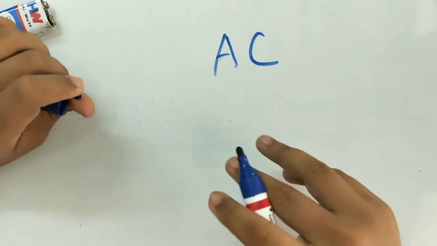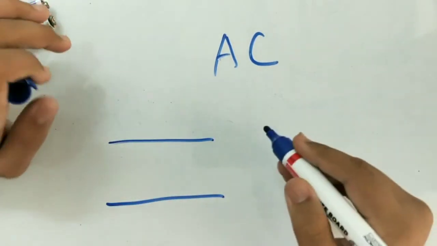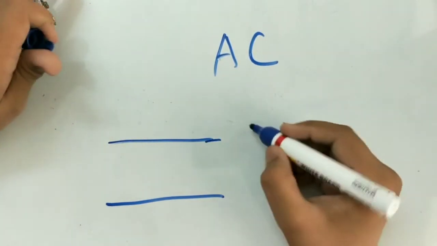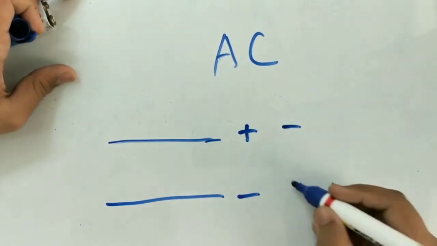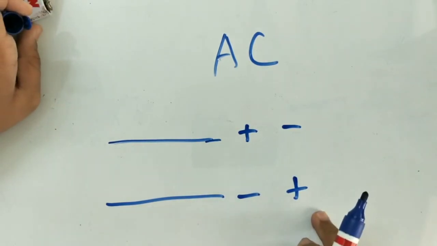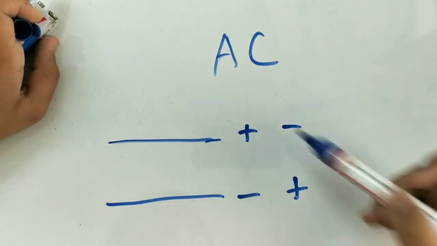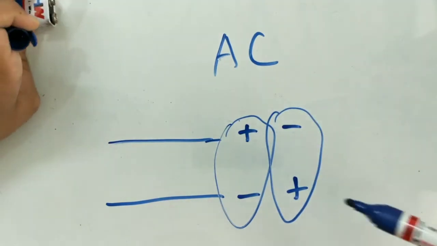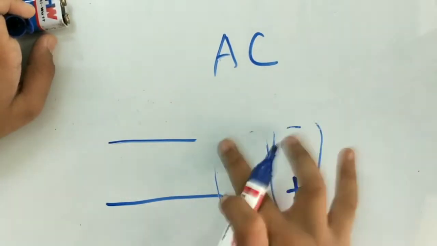So what does that mean? 50 hertz means that if we take two terminals, as I told earlier, one might be positive and the other negative. For the next instant this might be negative and this positive, and this cycle continues 50 times in 1 second. So one process and the other process take place in milliseconds. That's what frequency means.